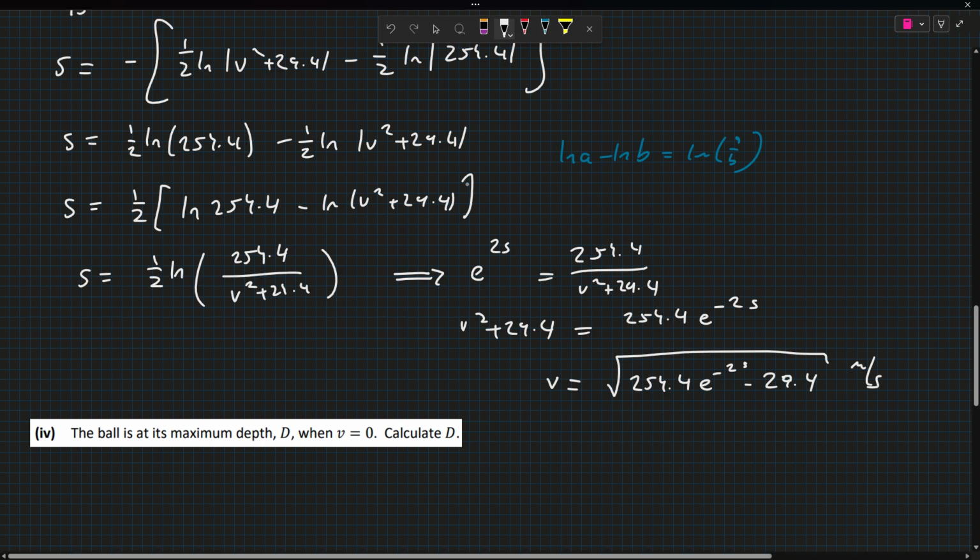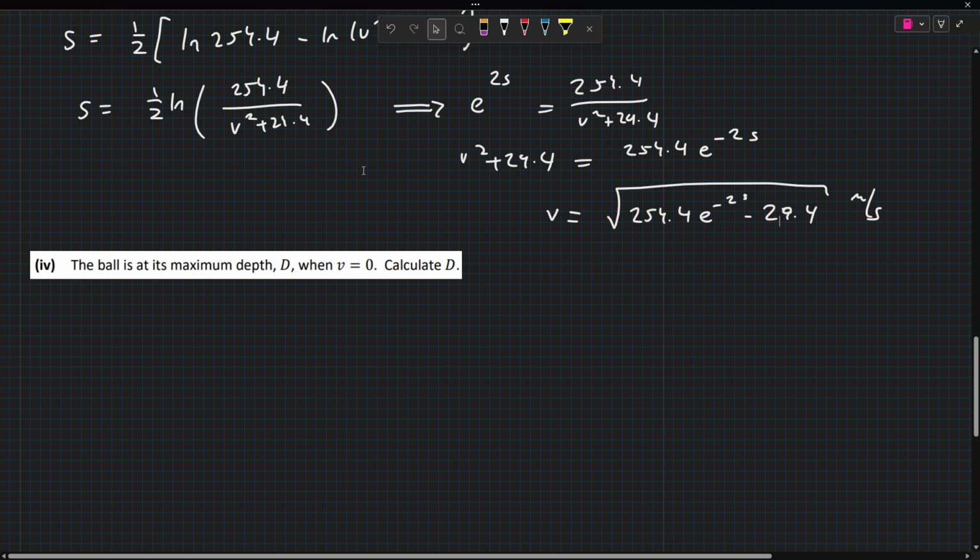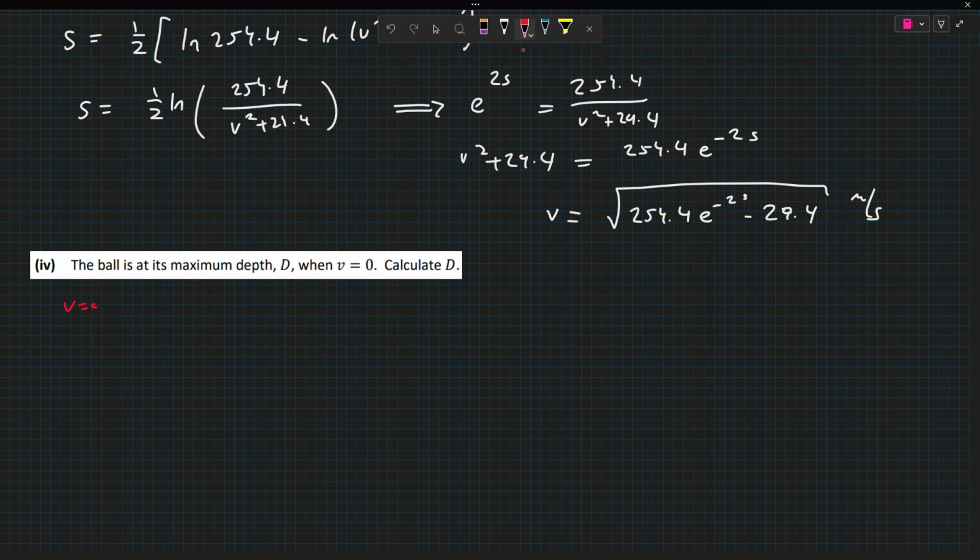The ball is at maximum depth d when v is 0. So v is 0 and s is capital D. So d is 1/2 log of 254.4 over 29.4, because v is 0.